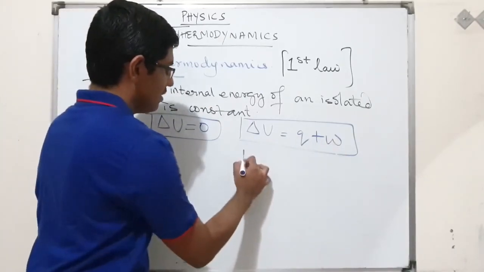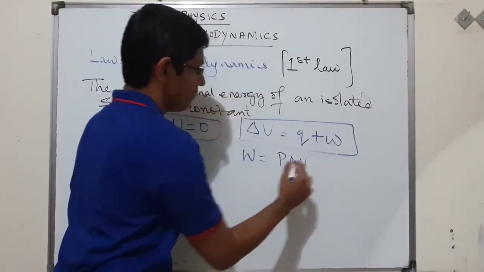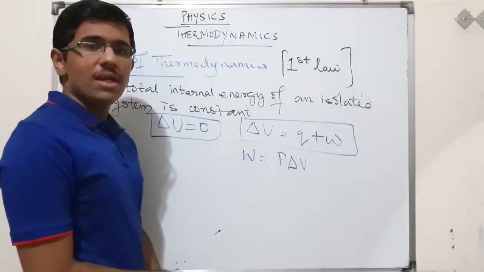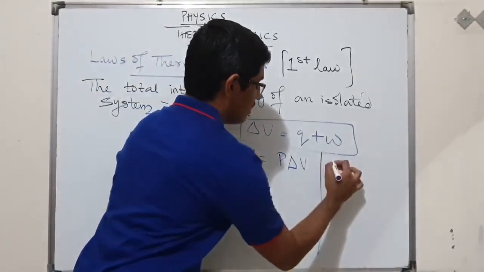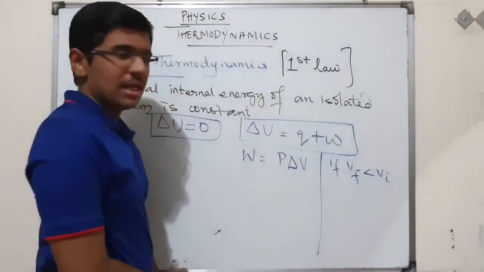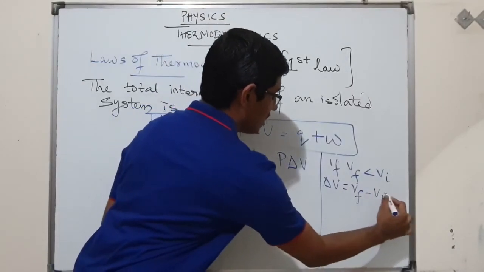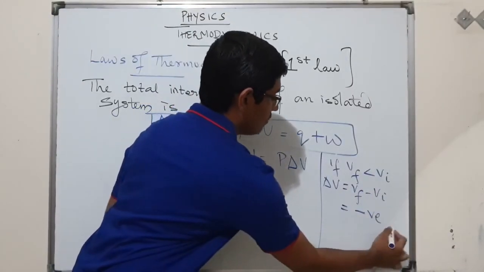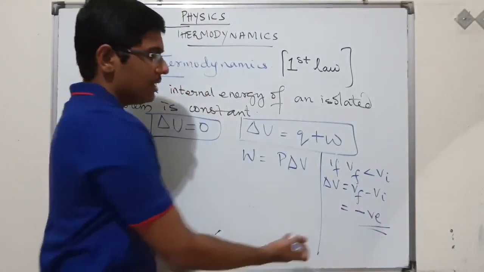Work done is actually pressure into change in volume. If volume final is less than volume initial, then delta V, equal to volume final minus volume initial, will give a negative value, because volume final is a small value and volume initial is a big value. So it will give a negative value.